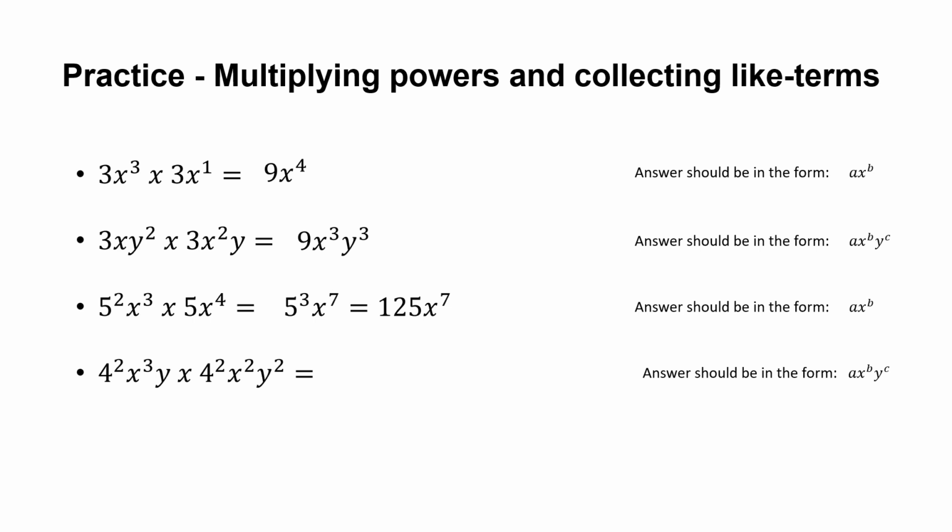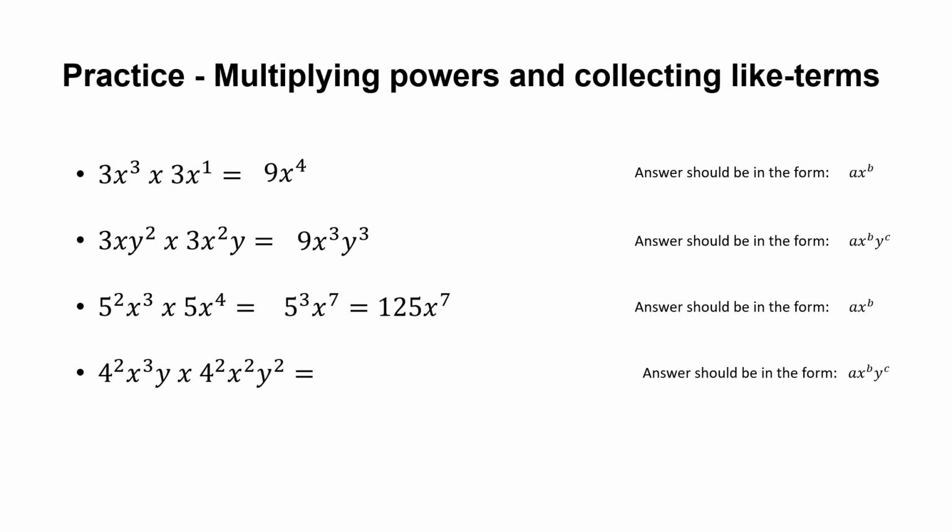Then that's multiplied by x cubed times x squared, and then multiplied by y times y squared. Starting with the number term, we have 4 squared times 4 squared. Using our rule, we add the exponents and we get 4 to the power of 4, which if we expand that out gives us, I believe, 256.